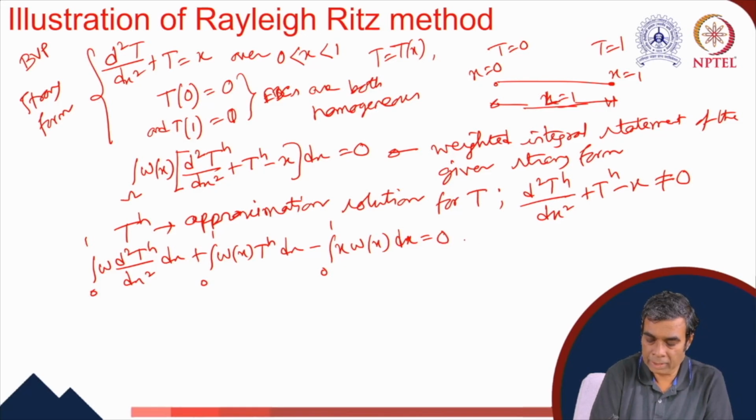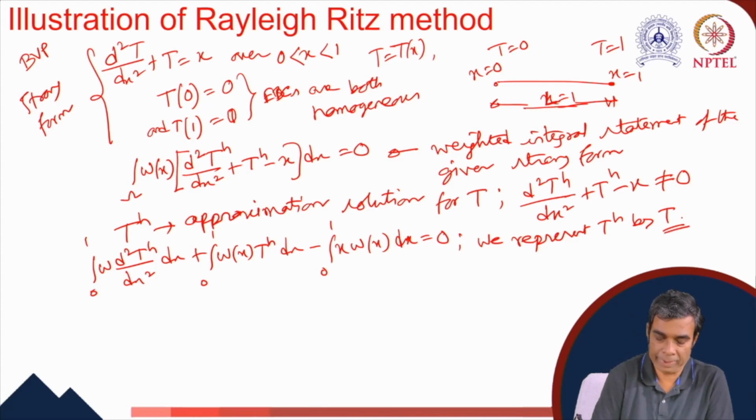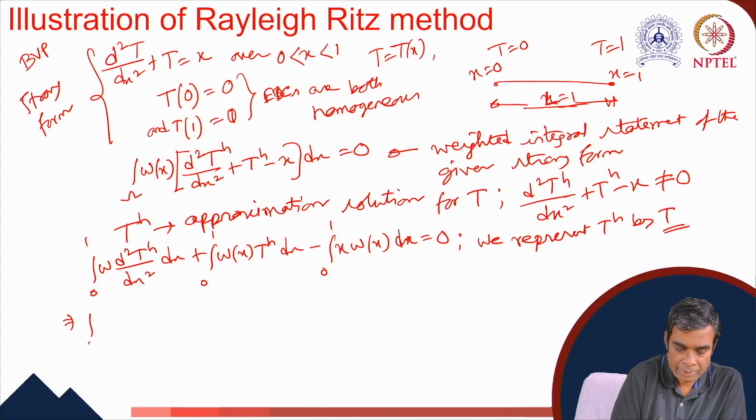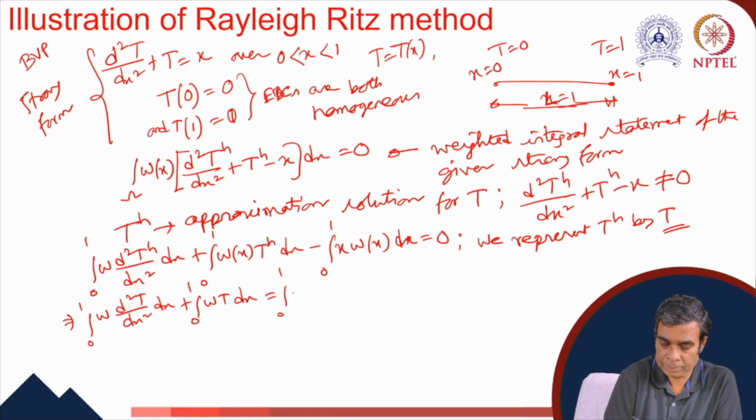Now we omit the term h. We write, for simplicity, Th by T, but we know that this T is approximate T. So we can write it as integration 0 to 1 w d2T/dx2 dx plus integration 0 to 1 wT dx equals integration 0 to 1 x w dx.